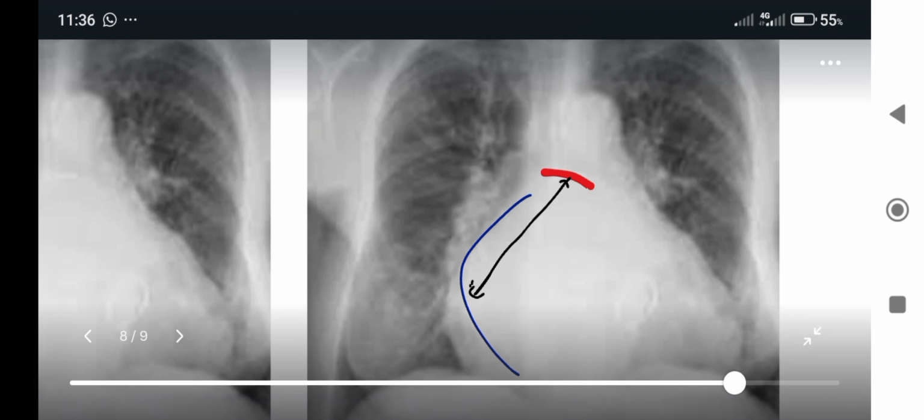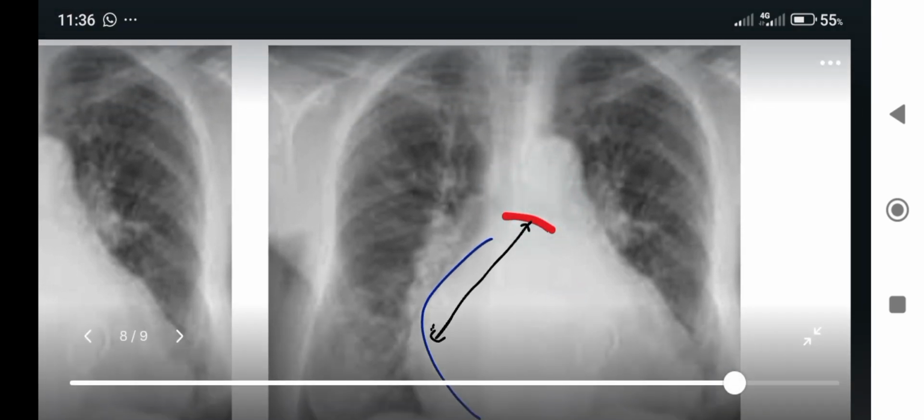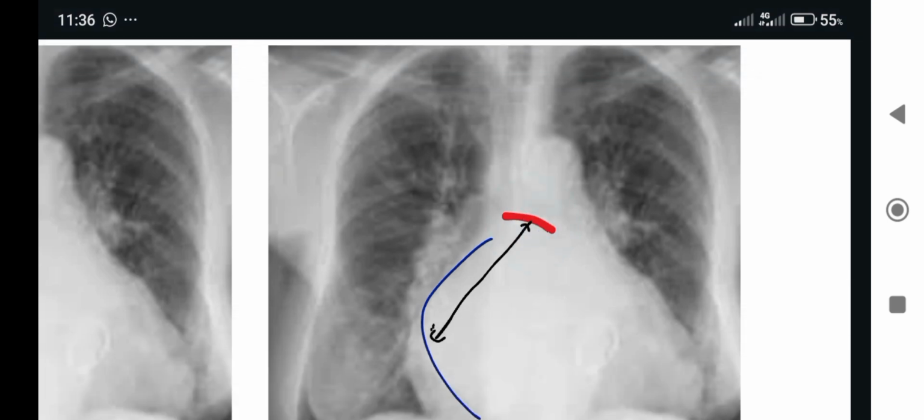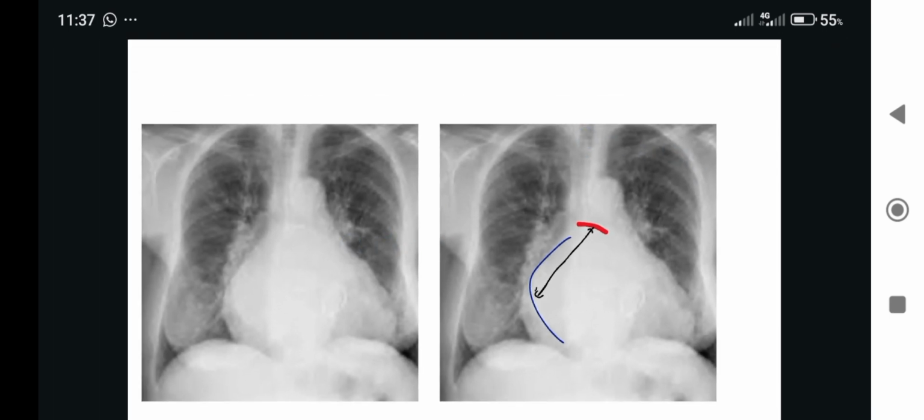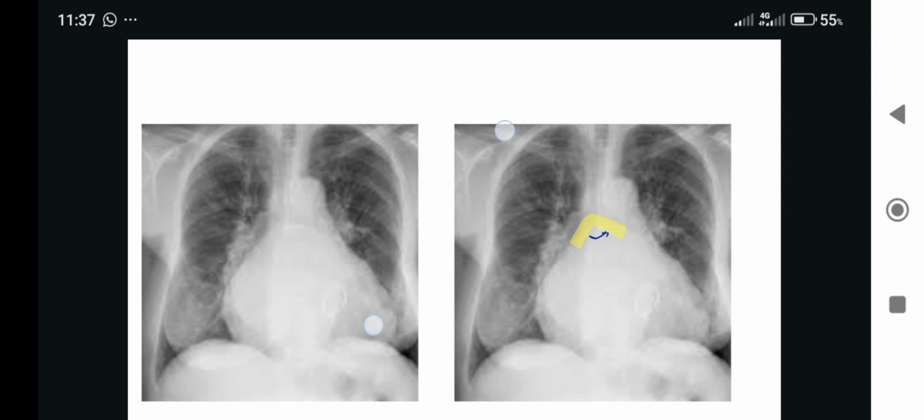Then you measure to the midpoint of the left main stem bronchus. You see the left main stem bronchus here before it starts branching. So you draw the line. You measure from the midpoint here to the midpoint here. This line should be more than 7 cm for us a sign of left arterial chamber enlargement. So these are the things we'll put together to be able to make this diagnosis.